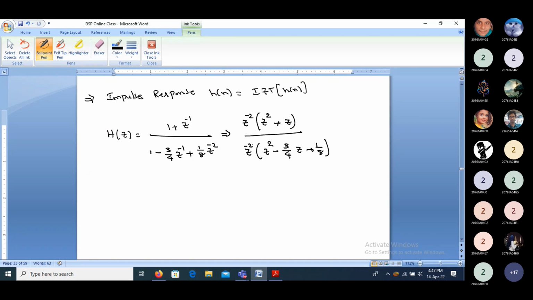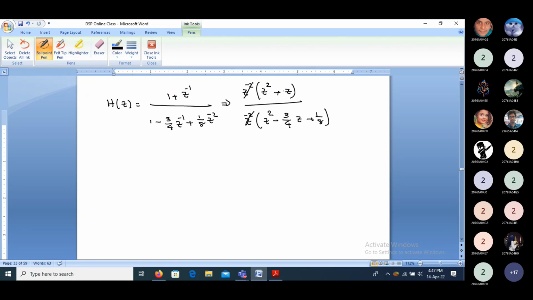So you can take z to the power minus 2 common from both numerator and denominator, then it changes to positive powers of z: z square plus z divided by z square minus 3/4 into z plus 1/8. Now apply the partial fraction method.